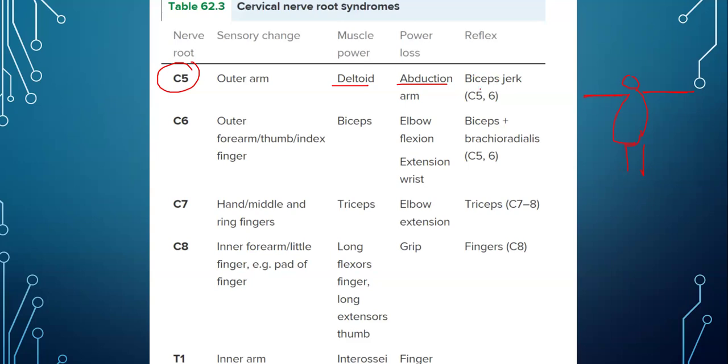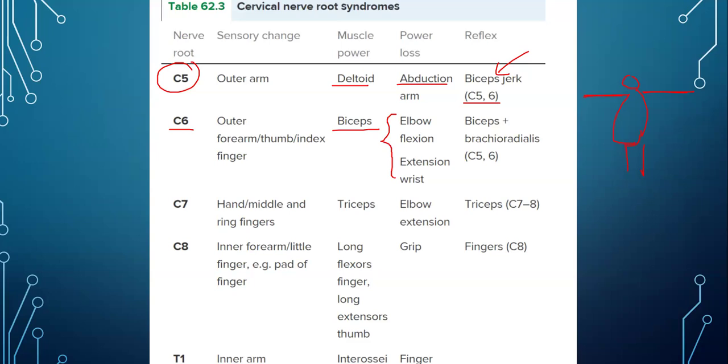okay? And C5, C6 gives the biceps jerk. C6 supplies the biceps, and this C6 also helps with elbow flexion and wrist extension.